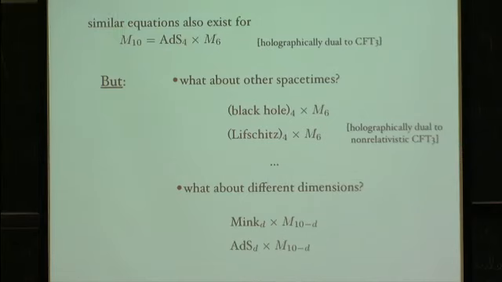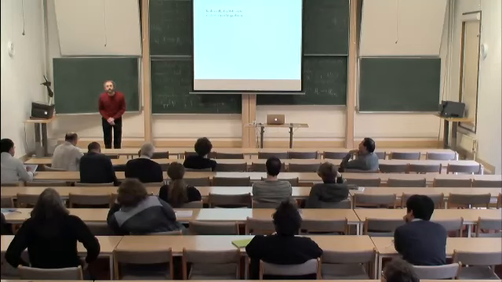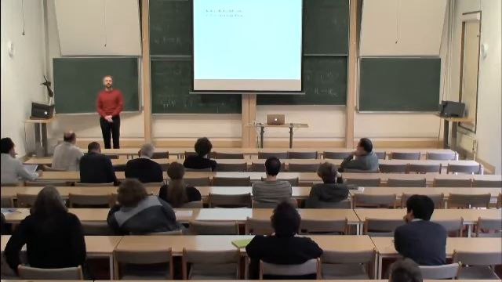Now, you may not care about Minkowski 5, for example, but you do care for AdS 5, presumably, because of holography. And today we also care about these because they are holographically dual to non-relativistic CFTs, and so on. What about de Sitter? De Sitter.